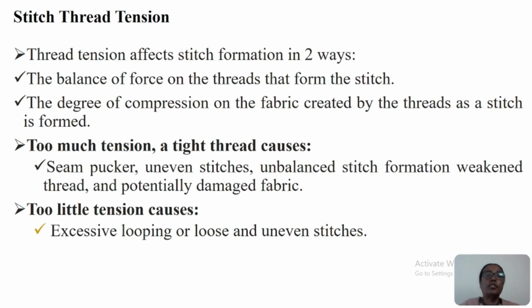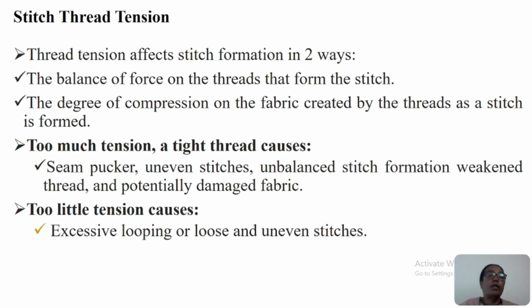Next, stitch thread tension. The thread tension affects stitch formation in two ways. Maybe at the time of sewing, there is a stitch tension problem, maybe too much tension or a tight thread, or too little tension.